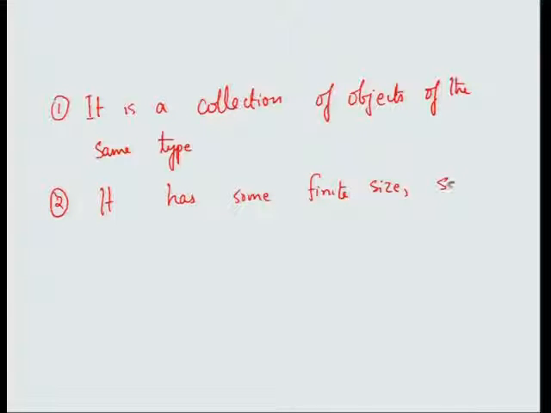Okay. So, an array has the following properties. One, it's a collection of objects of the same type. Second is that it has some finite size, say n. Okay, there are n elements in the array.